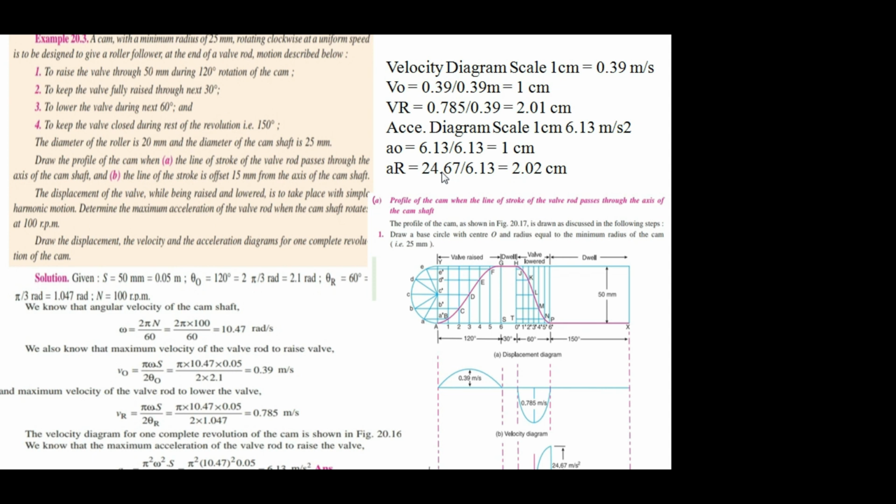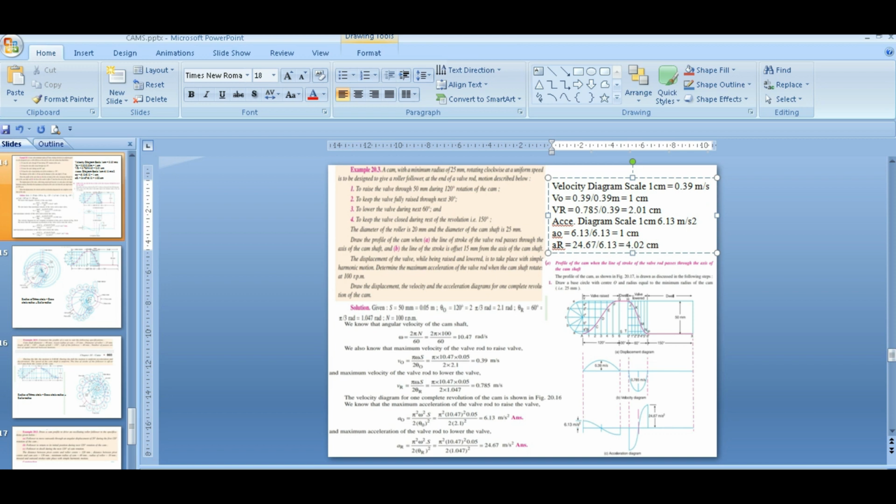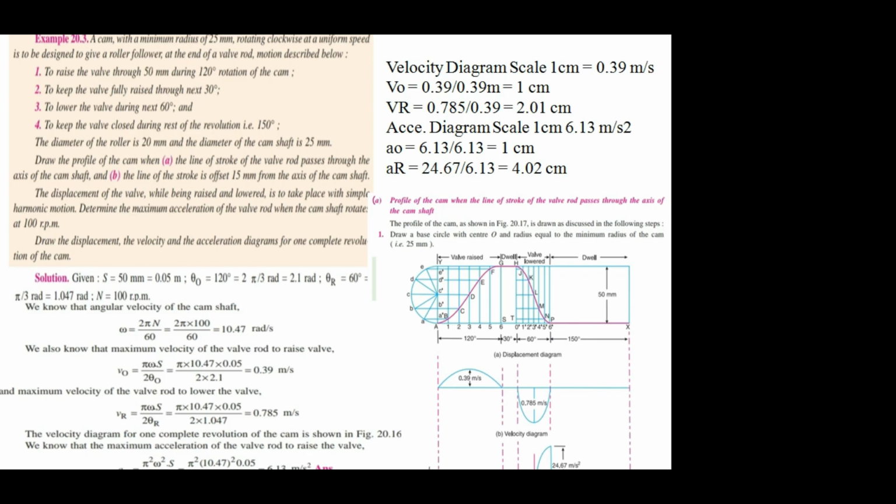Similarly, the acceleration of the follower during the return stroke is 24.67 divided by scale 6.13. It is equal to 4.02 centimeter at the start and end of the instroke.